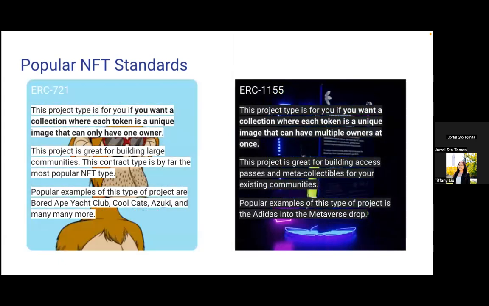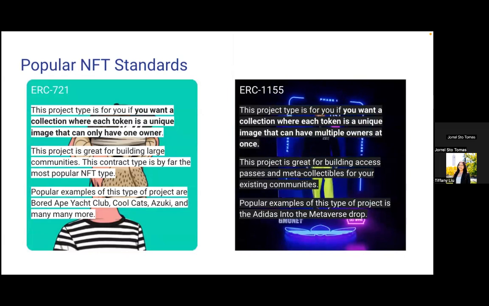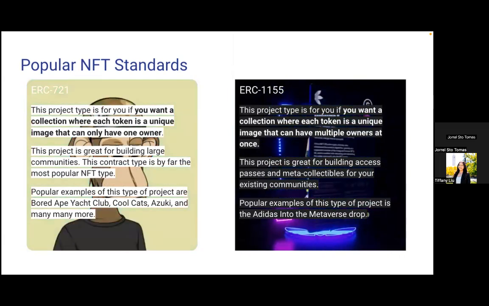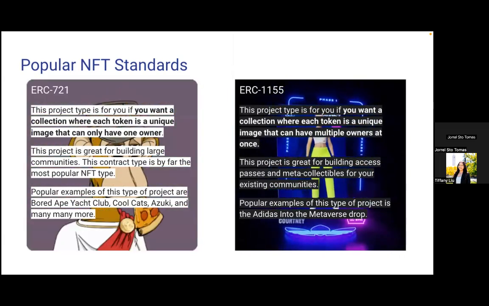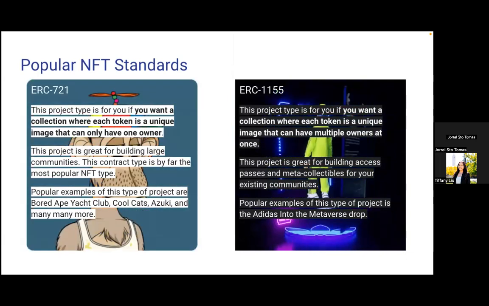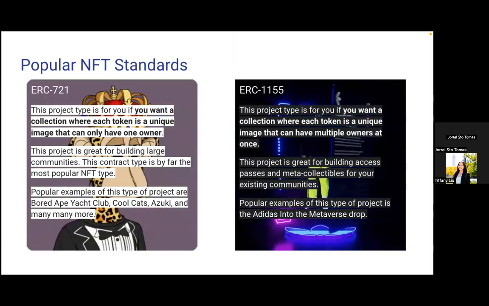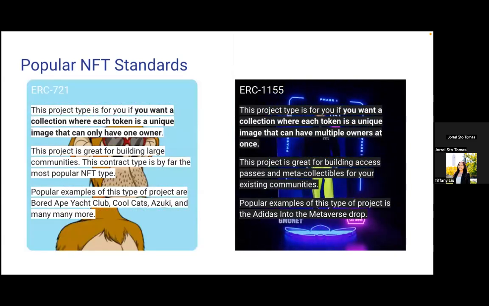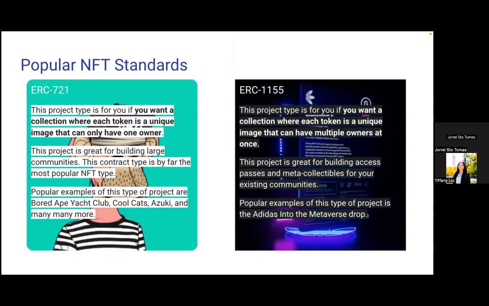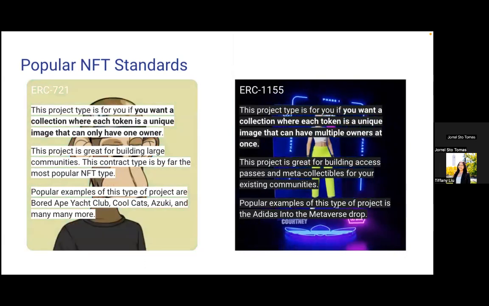With this project type, you can imagine if there's a collection where each token is a unique image with one owner, then that implies the existence of one where there is one image that can have multiple owners. So for example, if you have a gym membership, would you make that a 721 or an 1155?